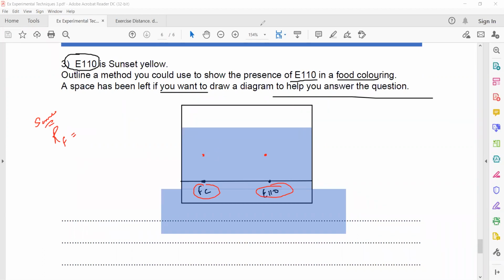So the answer for this, writing in words: we'll use chromatography. Then we'll draw the origin with pencil.